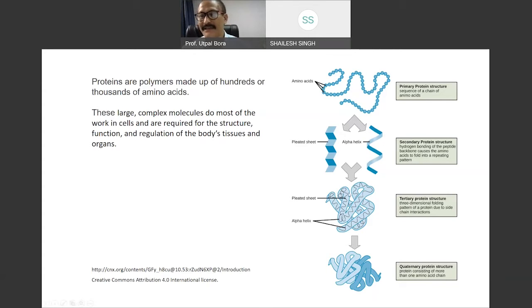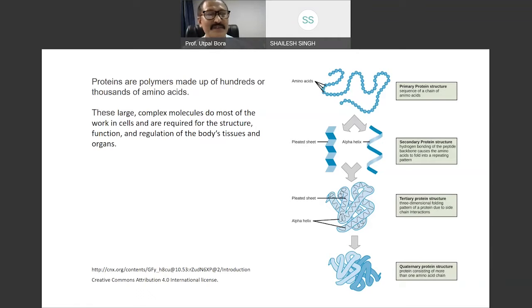Now, these helices and the pleated sheets may arrange with respect to one another in three-dimensional space to give the tertiary structure of the protein. And when a protein is composed of more than one polypeptide chain, the arrangement of these two polymeric chains or three or four polymeric chains with respect to one another gives the quaternary structure of the protein. The functionality of a protein basically lies in the tertiary structure and the quaternary structure.